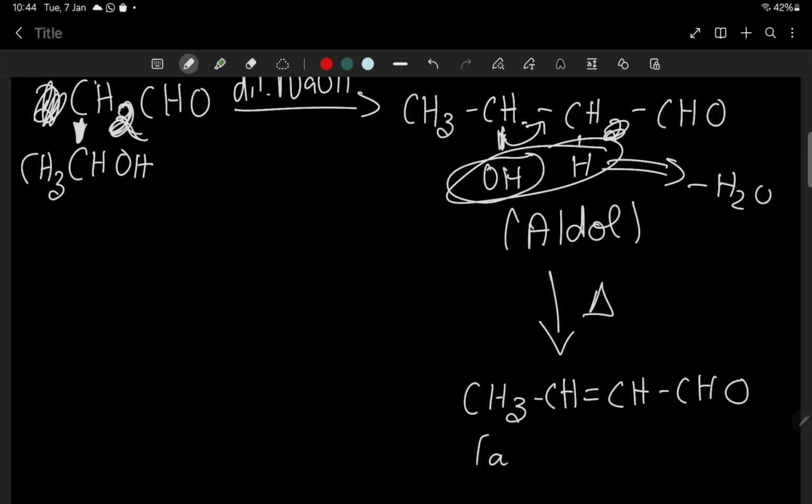This is called aldol condensate. The double bond compound is called aldol condensate, not aldol. The compound with the hydroxyl group is called the aldol, and when the water is removed, it is called the aldol condensation product or aldol condensate.